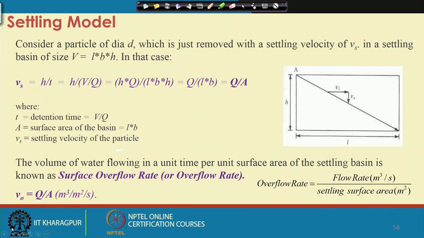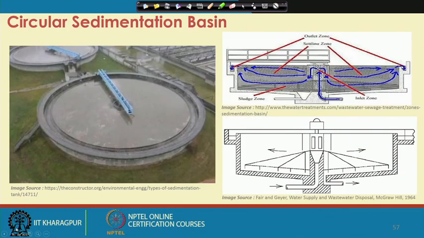So, you see here that it is the overflow from this area which eventually gets collected in the outlet. Okay. So, when we say the surface overflow rate, it means from the entire surface how much flow is actually going out, per unit area.